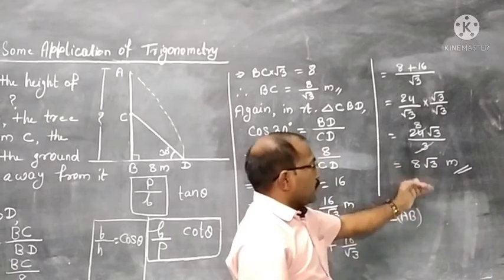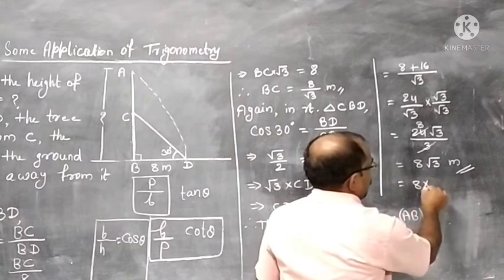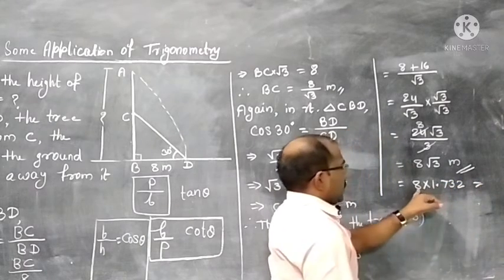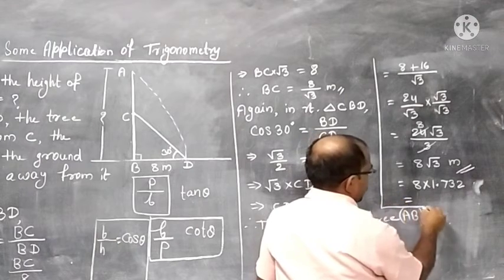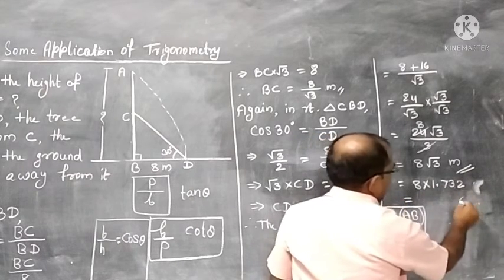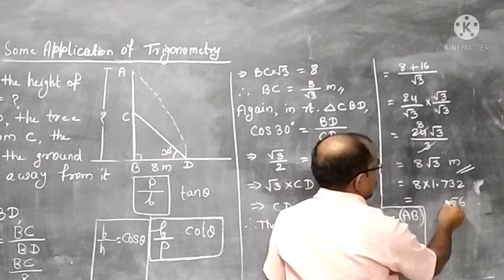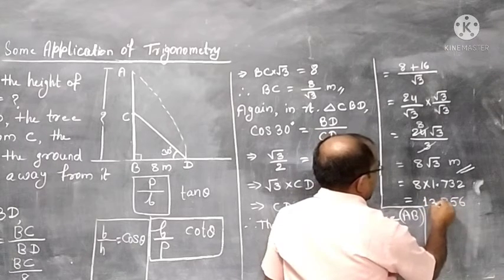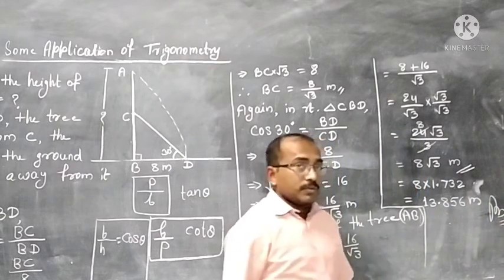Now, if we want to go one more step ahead, 8 into root 3 value 1.732. Finally, we multiply and we get 13.856 meters is the height of the tree.